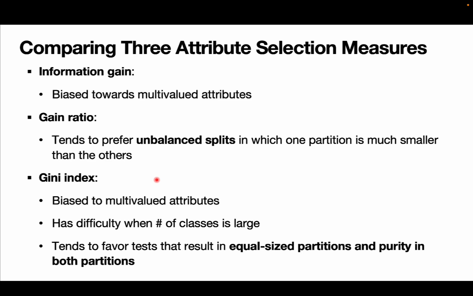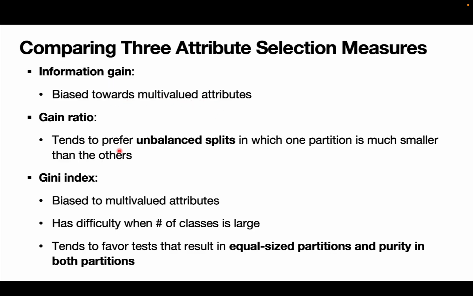At this point, we covered 3 attribute selection measures: information gain, gain ratio, and Gini Index. All of these measures are great, and we're going to make some blanket statements, but the truth is, it all depends on the nature of the dataset that we are working with. So information gain is biased towards multi-valued attributes.